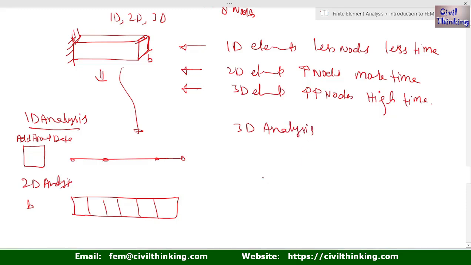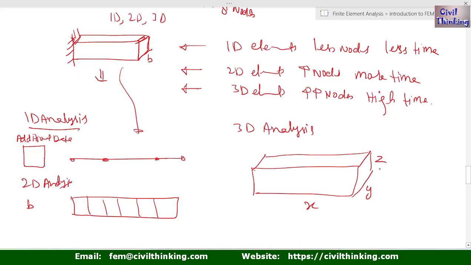In 3D analysis, do we need any additional data? No, we don't need it, because we define all the x, y and z dimensions in the geometry, and there is no need for additional data in 3D, right?